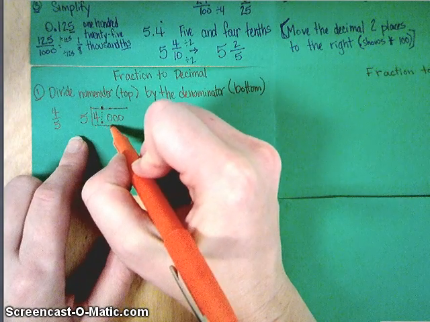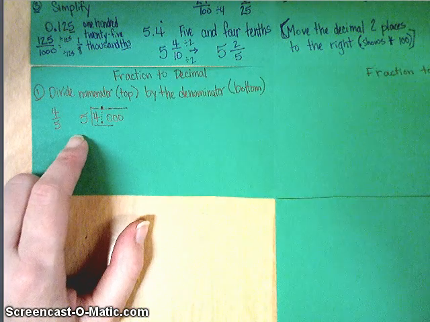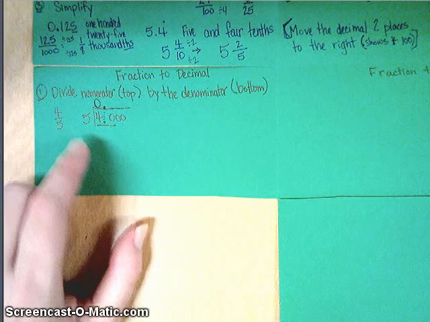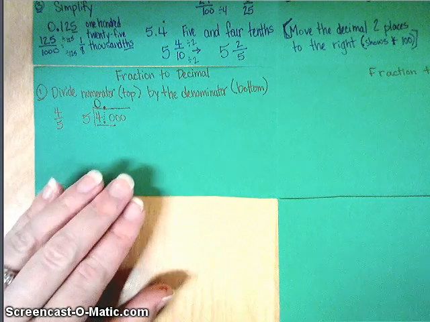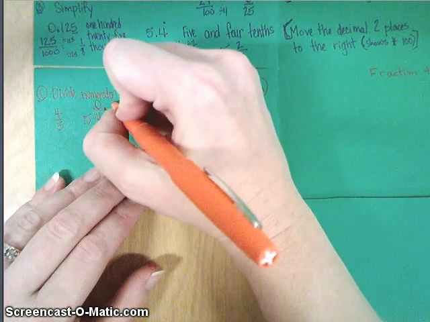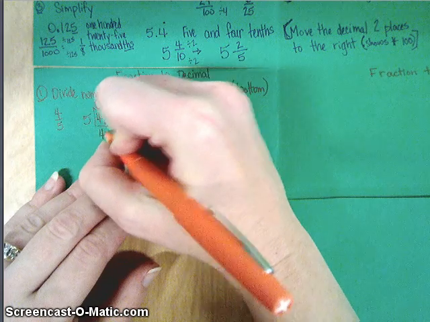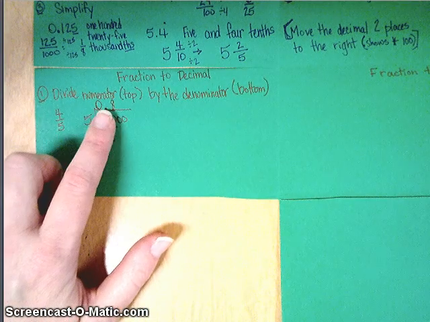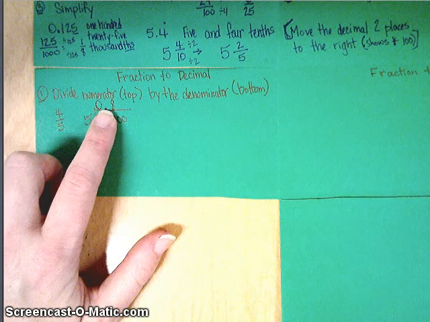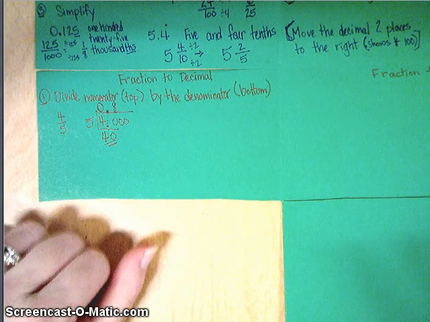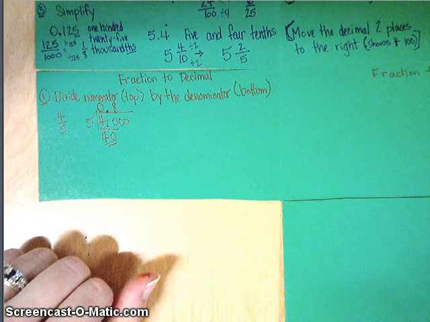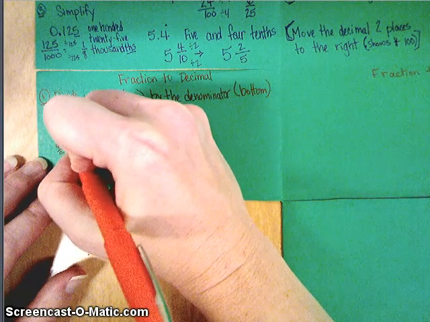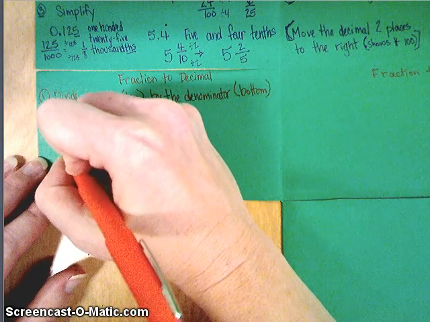And when you look at 5 into 40, you can put yourself a 0 here to remind yourself that it won't go into 4. 5 will go into 40 exactly 8 times. And we're done. So 4/5 as a decimal is 0.8 or 8/10. And if you wanted to, you could ask, is 4/5 equal to 8/10? Yes, it is.